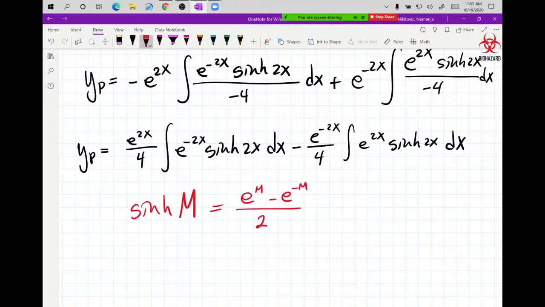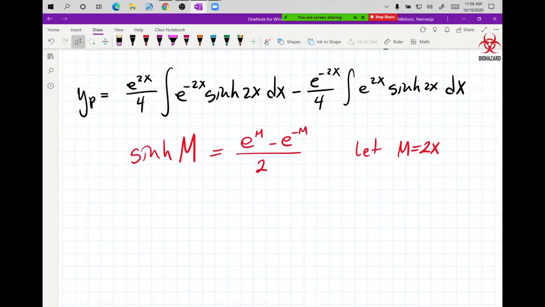And the reason why I didn't want to use x is because if m is 2x, then these are 2x's. That's why I didn't want to use 2x in a formula. So now, let m be 2x, and your integrals become the biggest joke ever.